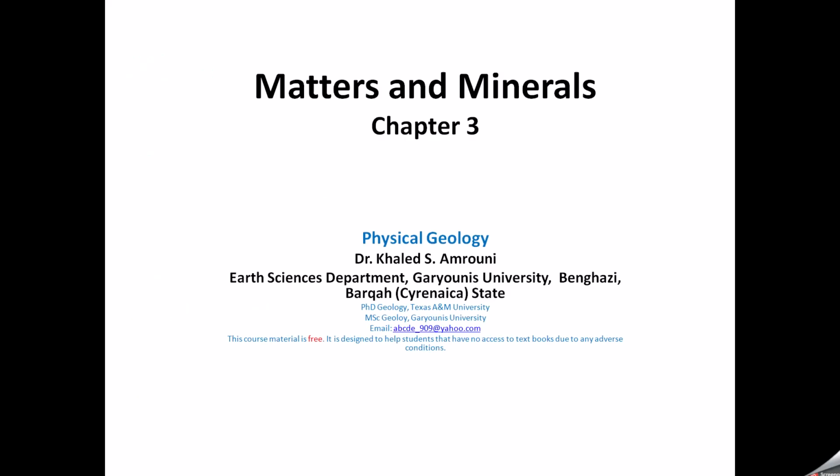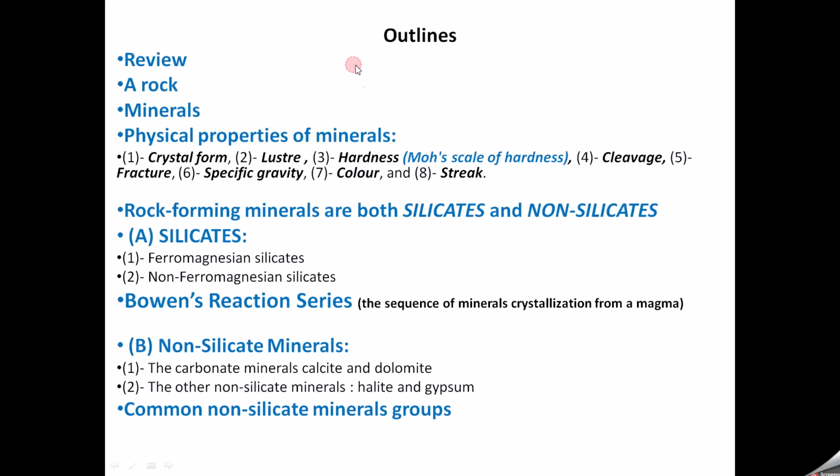Now, matter and minerals, chapter 3. Here we'll study rocks, minerals, and the physical properties of minerals: crystal form, luster, hardness, Mohs scale, cleavage, fracture, specific gravity, color, and streak. Rock-forming minerals are both silicate and non-silicate. Silicates: ferromagnesian silicate and non-ferromagnesian silicate.